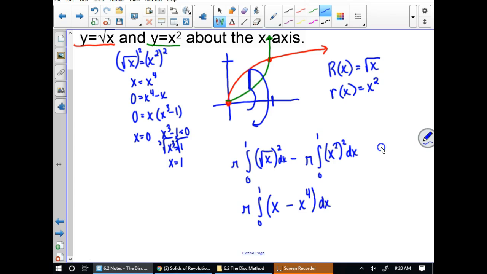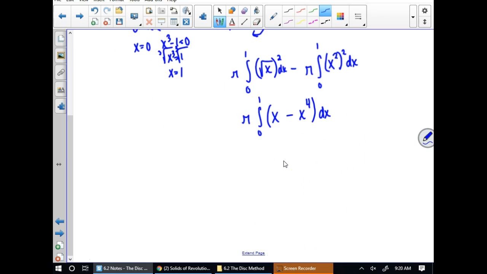But they must be squared separately. Plus, it's easier to do if you square them separately because the square and the square root cancel out nicely there.